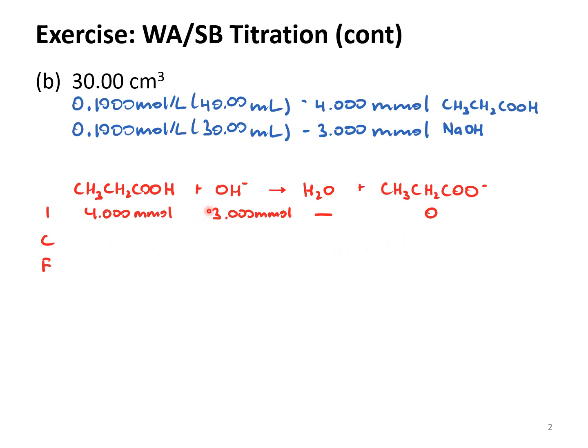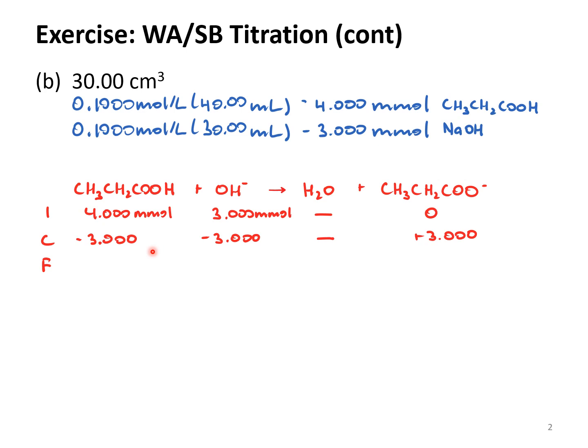Here we see that hydroxide is the limiting reactant. And so in this reaction, some of the propanoic acid will react with all of the hydroxide to produce propanoate. The change in number of millimoles is determined by the limiting reactant, which is hydroxide, and so the change is 3 millimoles.